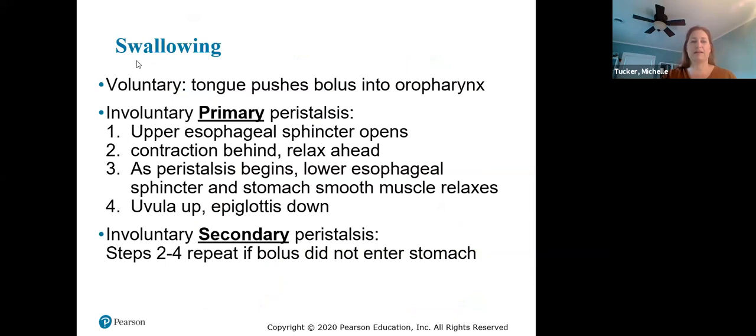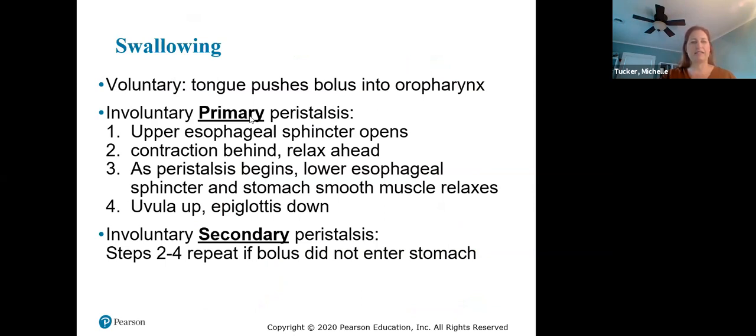Swallowing contains both a voluntary component and an involuntary component to the reflex. For the voluntary part, the tongue is going to push the bolus into the oropharynx. So once we are finished masticating it and mixing it with saliva, it gets formed into that bolus and moved into the oropharynx.